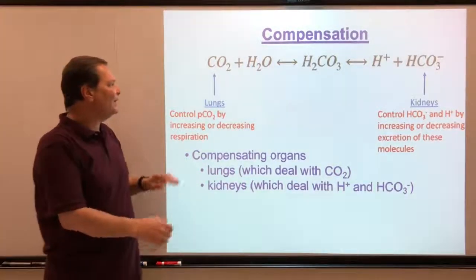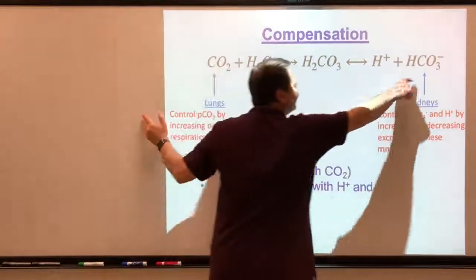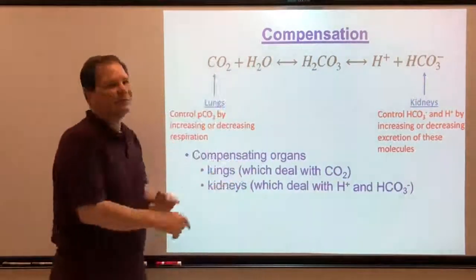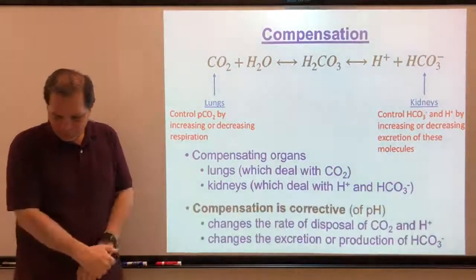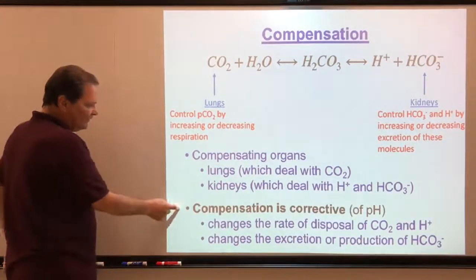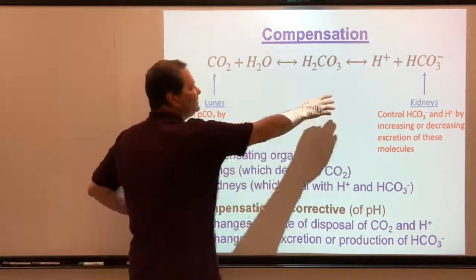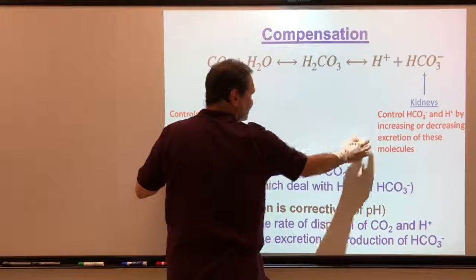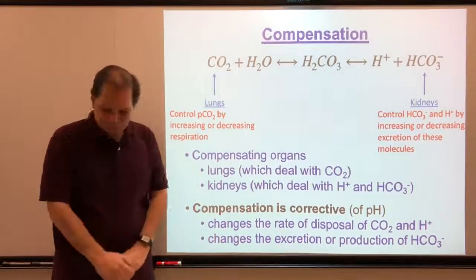So you can compensate either way. You can up this side or decrease this side. The kidneys and the lungs work together to make that happen, okay? And you should recognize that this is corrective, buffering is not. So this will actually change the hydrogen ion concentration and actually bring it up toward normal, okay?